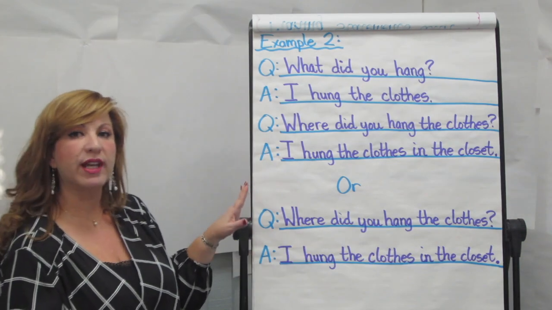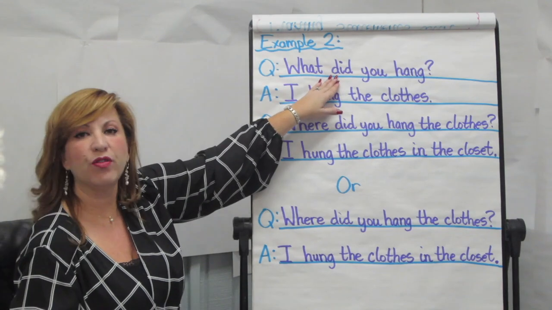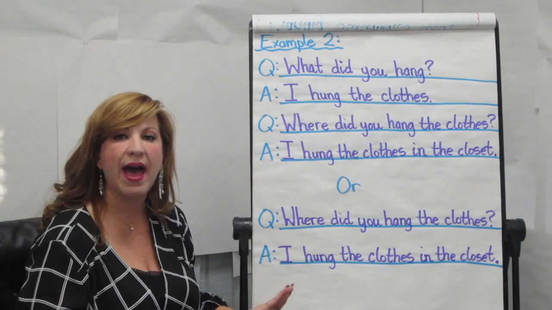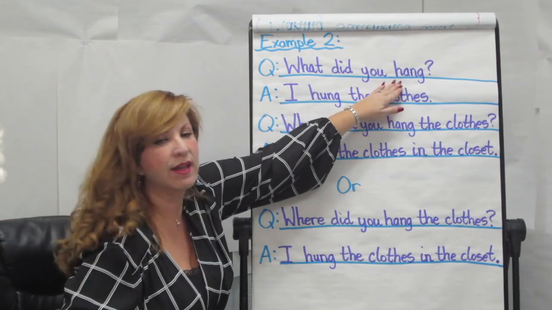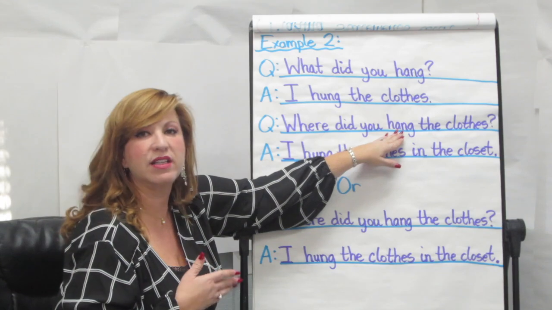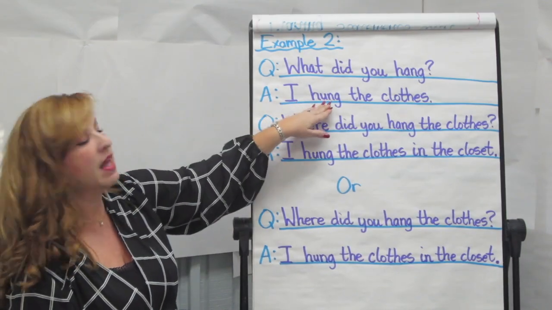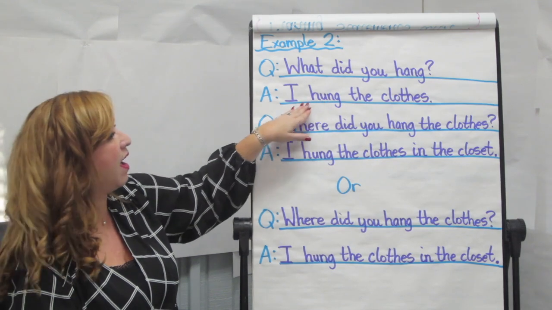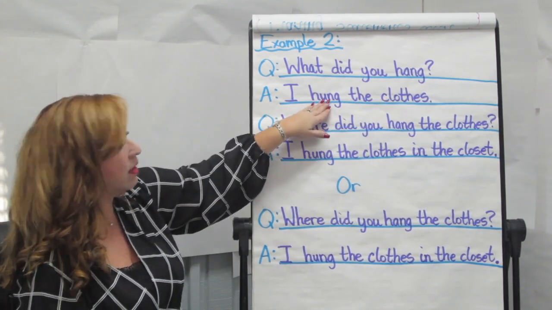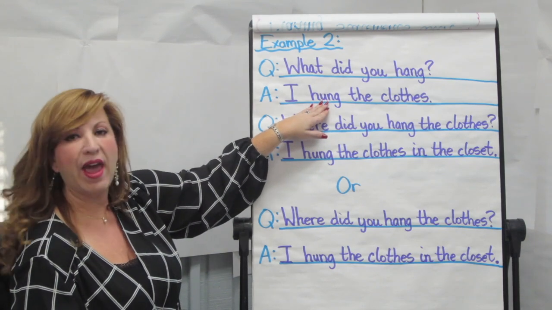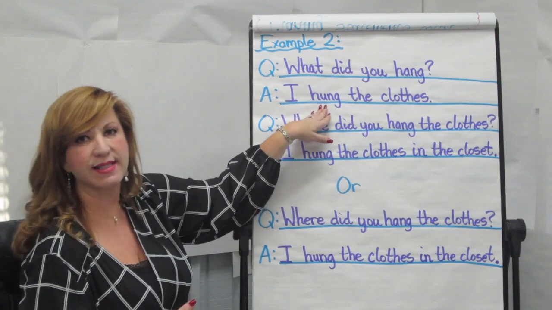If we also look at these questions, we could see that our helping verb is in the past tense. So, what did you hang? Now, hang is still in the present tense. So my answer would have to be in the past tense. I hung the clothes. So hung is the action verb of hang in the past tense.